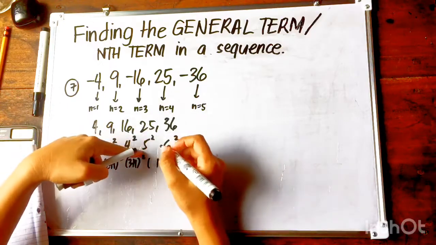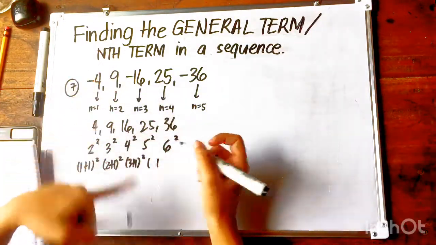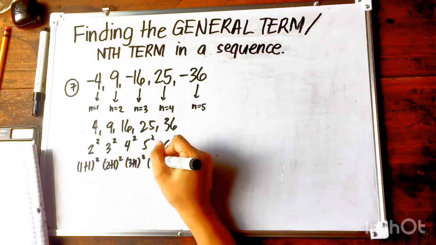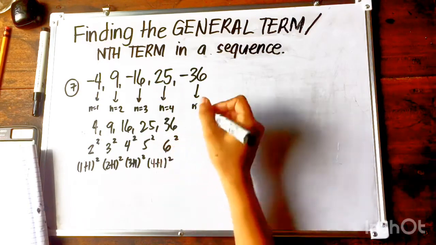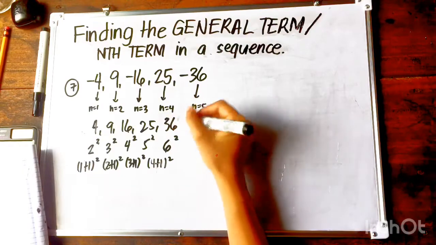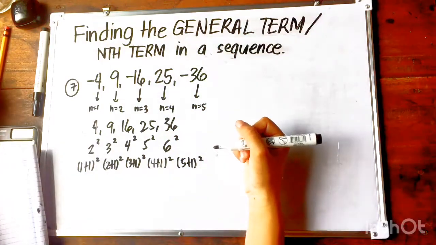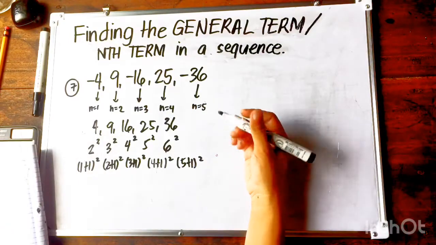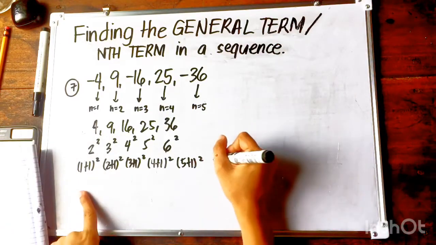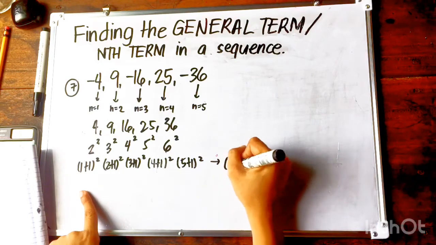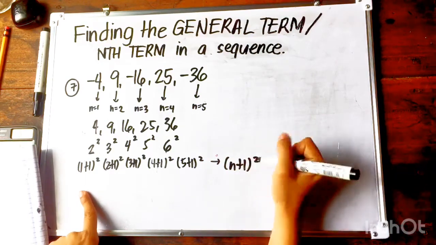Kasi pang 4 term to class. Ito, 4 plus 1 squared. Ito naman, diba? 5 plus 1 squared. Okay? So, it seems na, ginagawa lang natin is, this is just n plus 1 squared, diba?